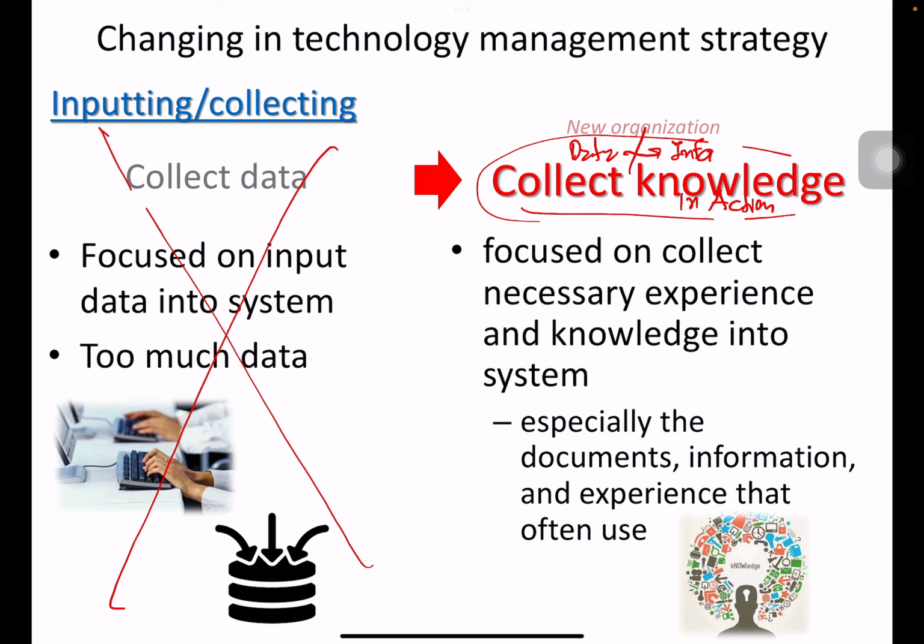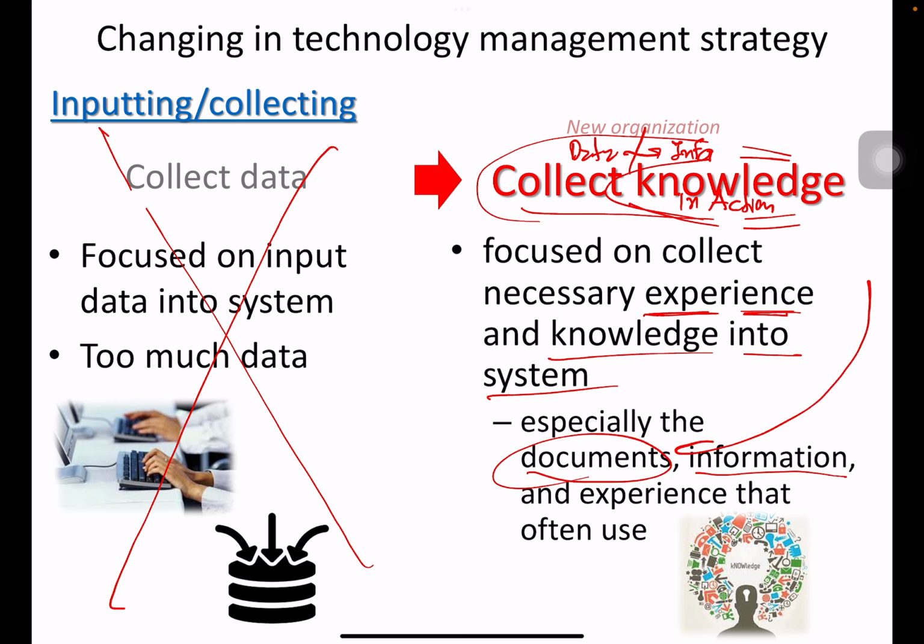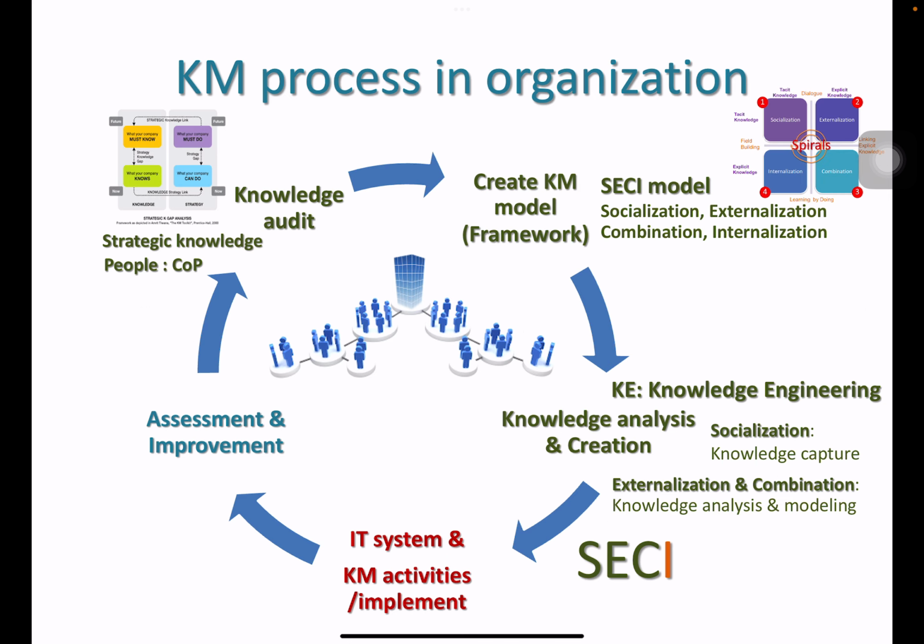That means we focus on collecting the knowledge and experience that we can use to support decision making. We focus on documents that collect the knowledge and the information that is often used. So these are the three things that we need to adjust about technology.